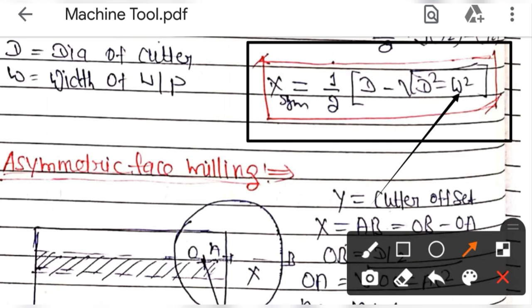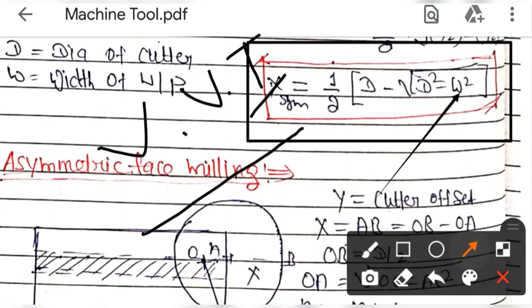This is the important formula for the symmetric face milling operation. Please remember this one. You need to remember this equation: X symmetric is equal to 1 by 2 into D minus under root D square minus W square. This is one formula.